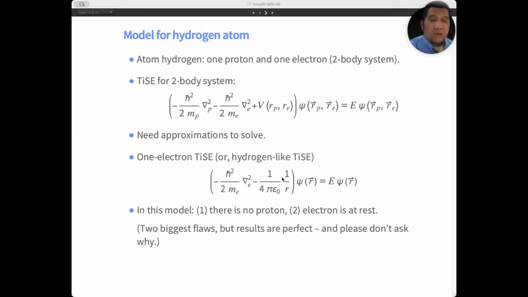It means the equation ignores the proton and considers the electron to be at rest. Of course, these two assumptions are not correct. In fact, it is the biggest flaw of the model. However, it turned out this biggest flaw produced perfect results. Since it is quantum mechanics, the question of why it is like that is invalid. As long as it works, we remain silent and continue using it.